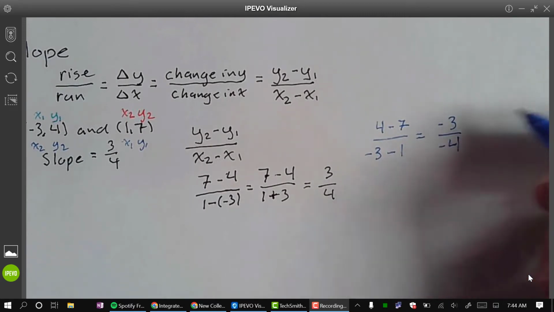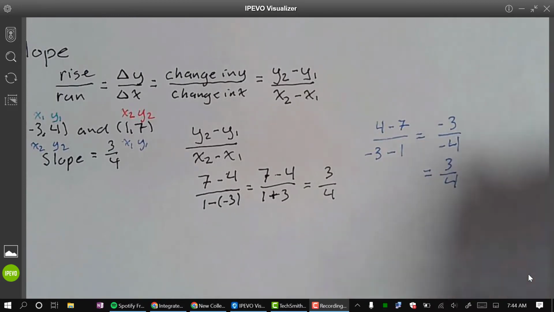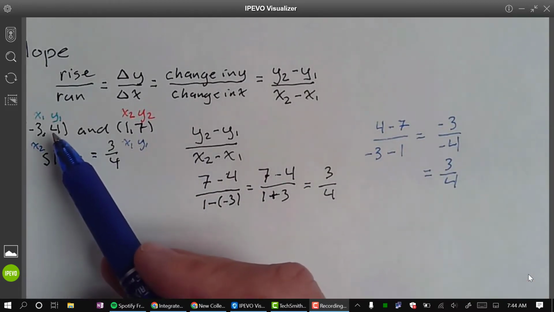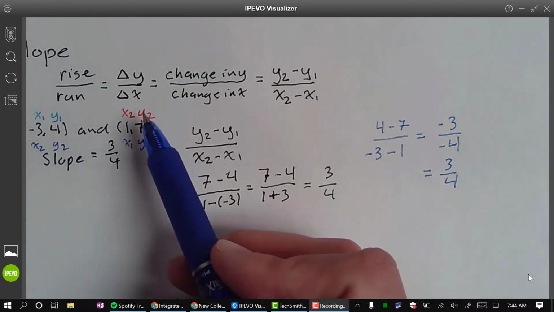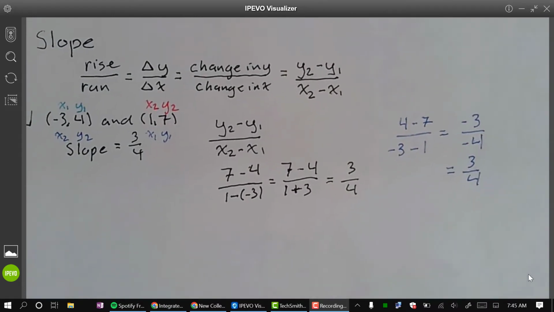When I have two negatives, that turns into a positive. So this is just 3/4. So we get the same exact answer. It doesn't matter if this is your first and this is your second, or if this is your first and this is your second. You're going to get the same answer either way.